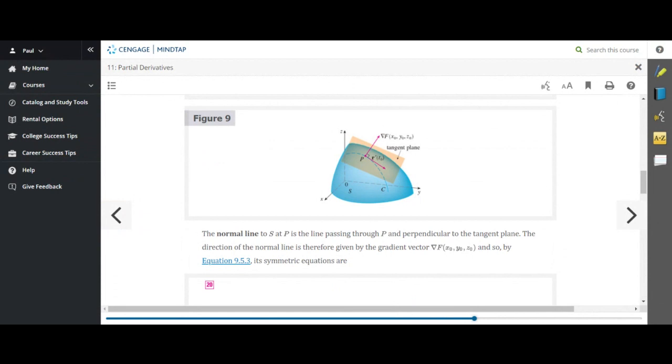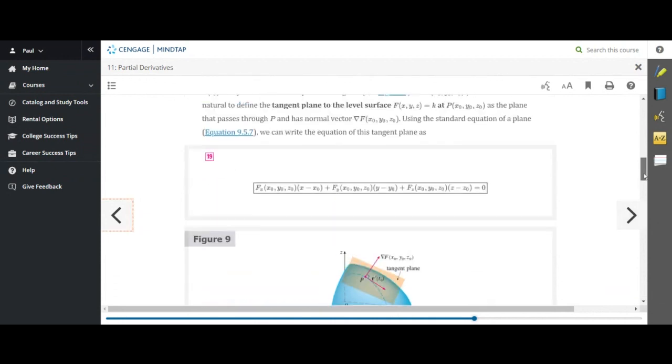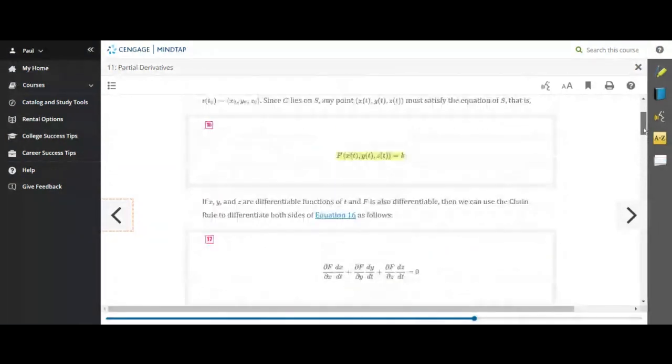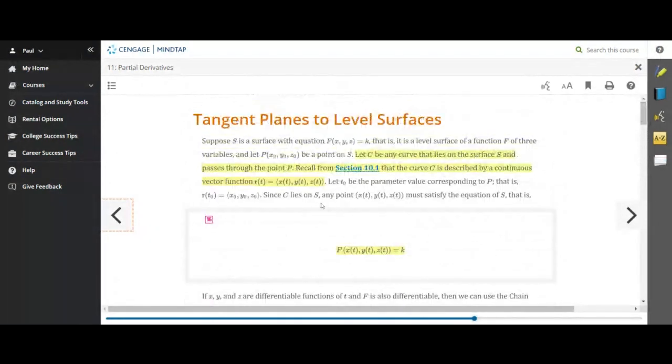If you think about the curve C, the curve C can be traced out by a vector function r of t.